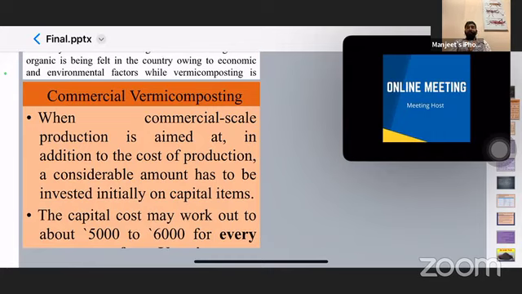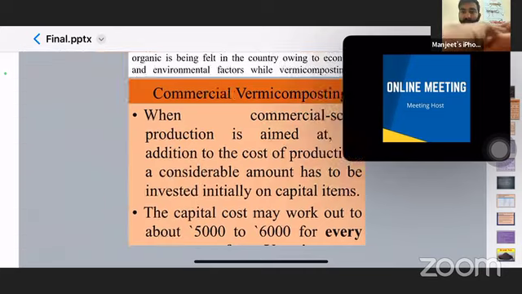The higher capital cost is due to the fact that a large unit requires considerable expenditure on the preparation of vermicompost beds, sheds to provide shelter to these beds, and machinery. However, these expenditures are incurred only once. You can say this is a one-time investment for starting the vermicompost unit.